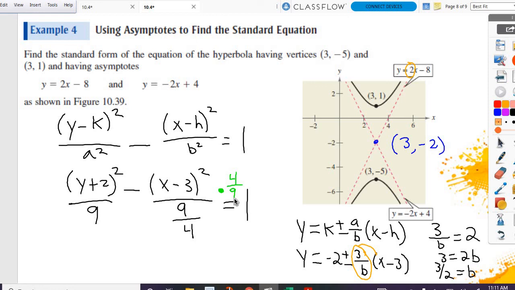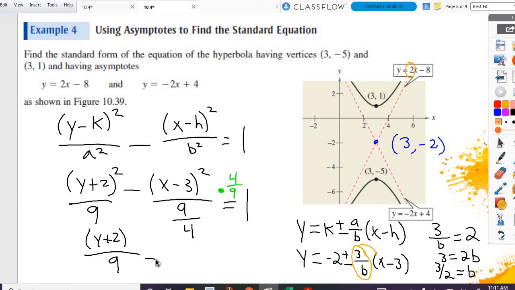It was in our rational review at the beginning of the year. You also should have learned it in Algebra 2. So I'm multiplying by the reciprocal of the denominator.